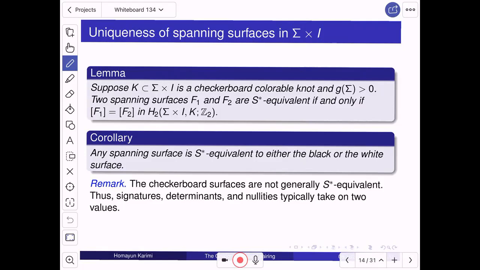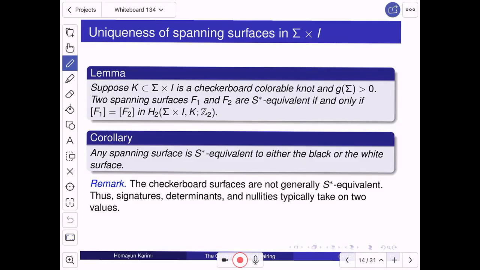So here is the lemma that shows how we deduce the uniqueness of the spanning surfaces. If you start with a knot K and assume it's checkerboard colorable, meaning that it admits a spanning surface, and assume the genus of the surface sigma is positive, then two spanning surfaces F1 and F2 are SSR equivalent if and only if they represent the same homology class in the second homology of sigma cross I relative to K with Z2 coefficients.